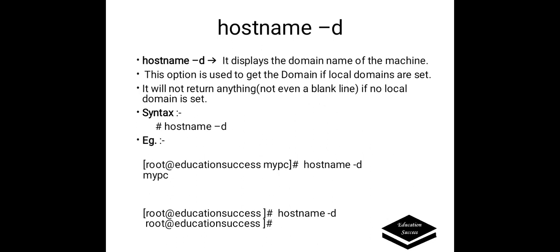Example, root at education success my PC, hostname -d. It will display the local domain if I have set one, just like here, my PC. If I do not have any local domain name, as in another example, root at education success hostname -d, it will display nothing, not even a blank space.